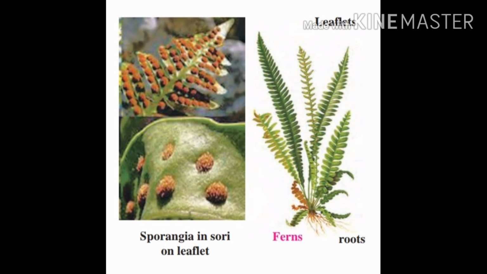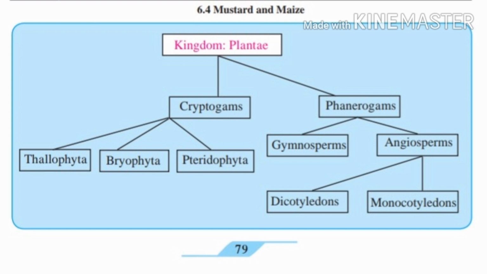This sorus contains spores. If these spores fall on the ground, they germinate and form a new plant. Thus, this plant reproduces asexually by spore formation, and it also reproduces sexually by zygote formation. It has xylem and phloem, conducting tissues, and hence it is called a vascular cryptogam. So we have learned all the three divisions of cryptogams.